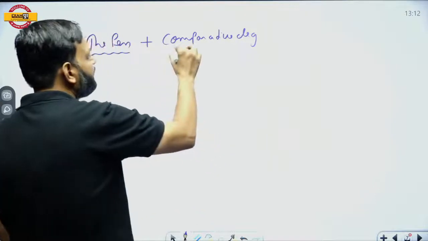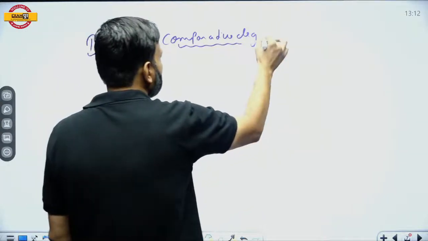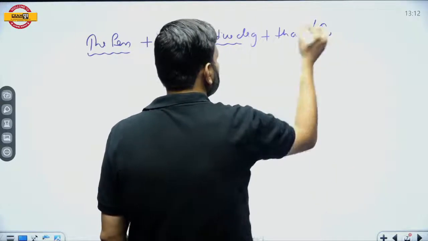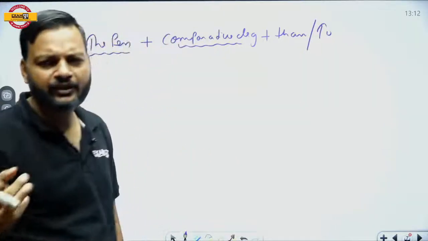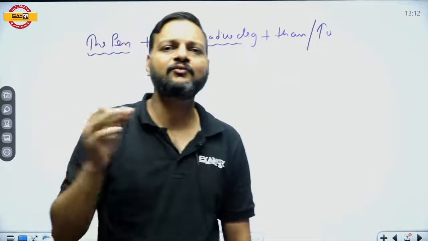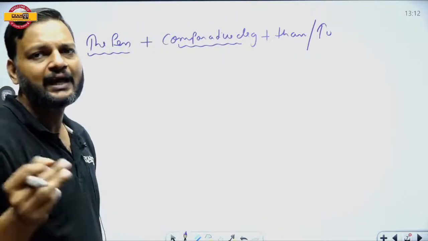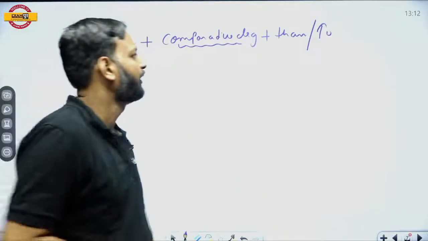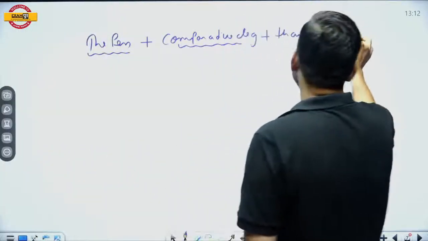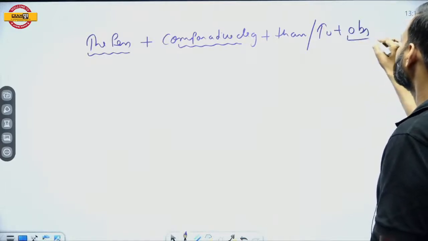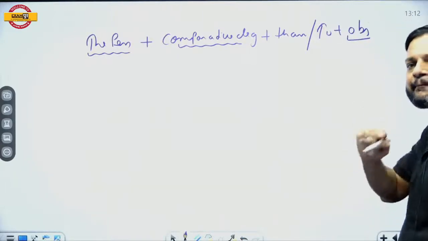And after comparative degree, there is than or to. In most cases we use than, and in some cases we use to. So after comparative degree we normally have than or to, and after than or to we have an object, the object which has been compared.